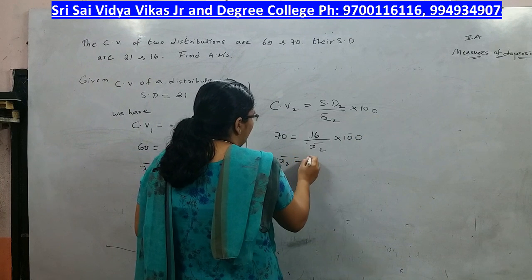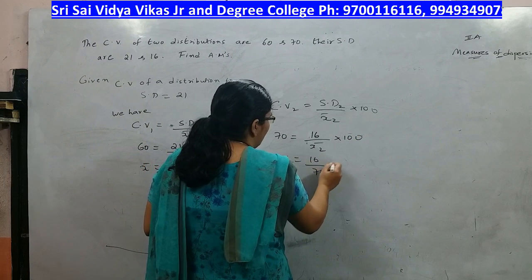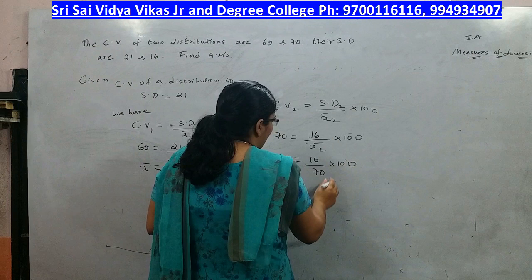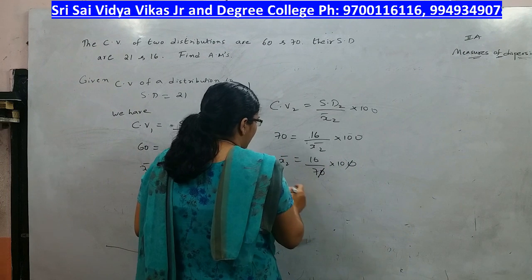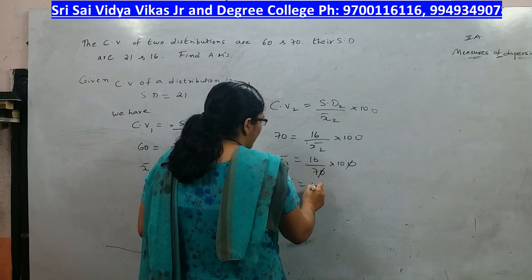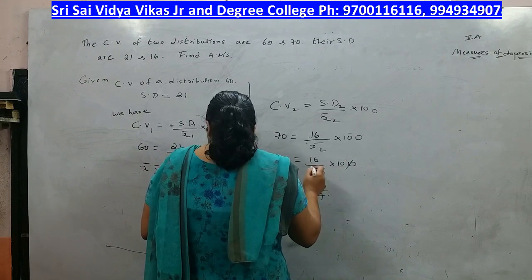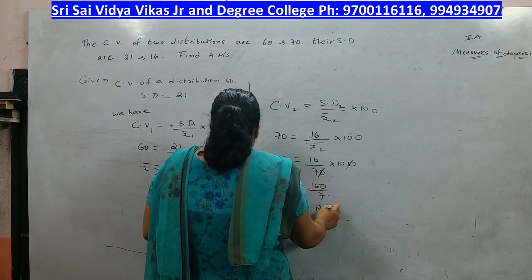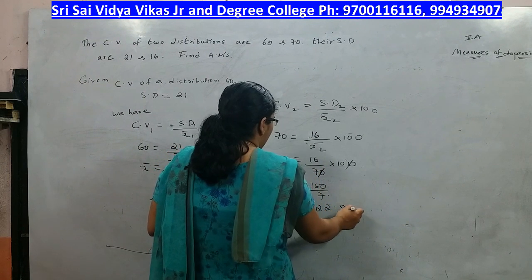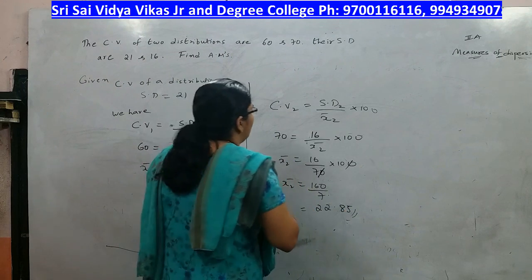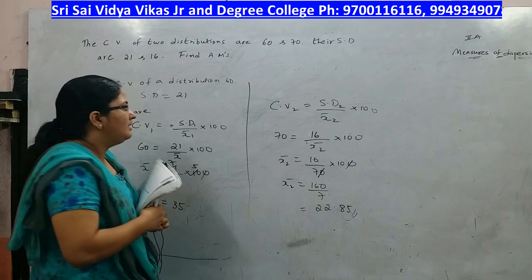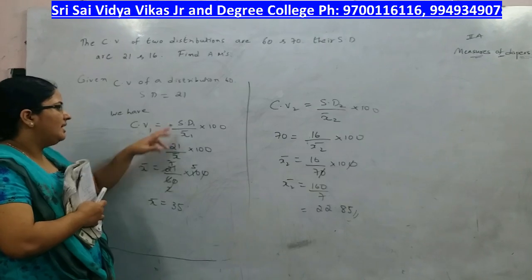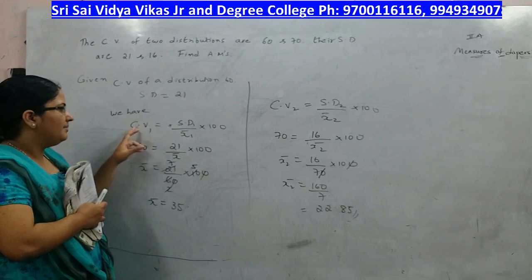X2 bar is equal to 16 by 70 into 100. 0, 0 cancel. X2 bar is equal to 160 by 7, which is 22.85. So whenever CV and SD are given, you are going to find the mean this way.